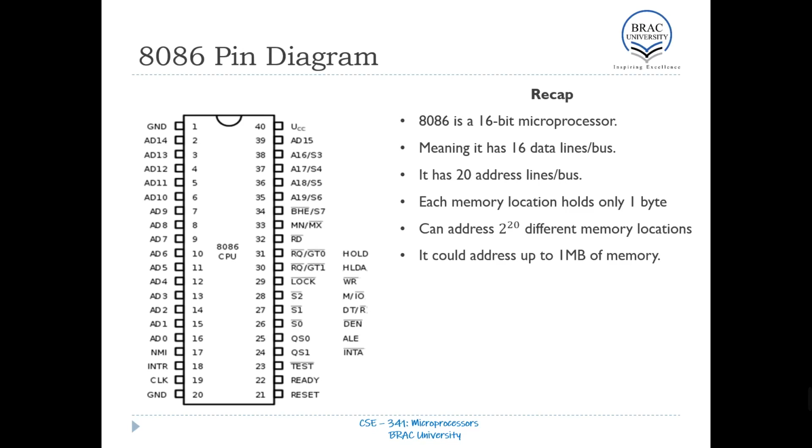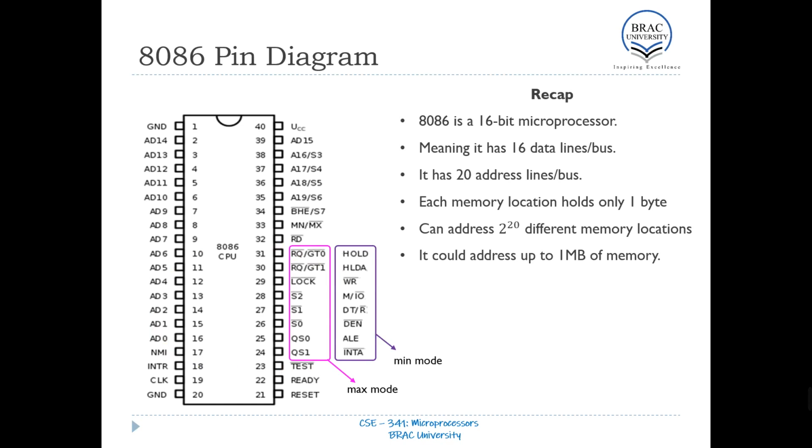From this diagram, we can see that pins 1 to 40 have been annotated with some symbols. However, pins 24 to 31 have 2 columns of descriptions. This is because 8086 has 2 modes of operation, the min mode and the max mode.